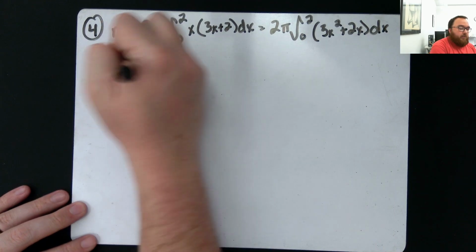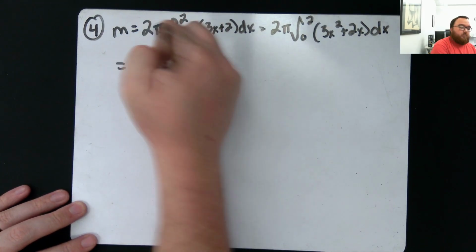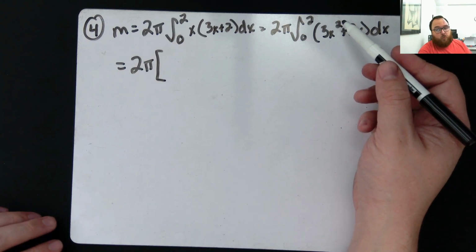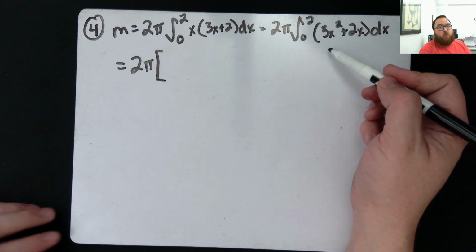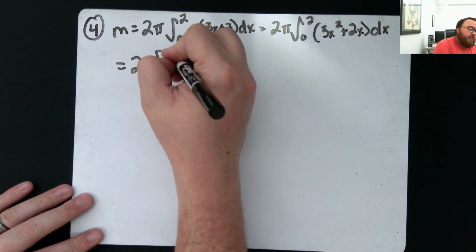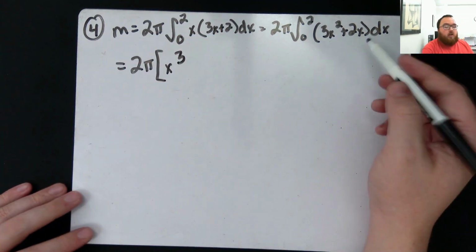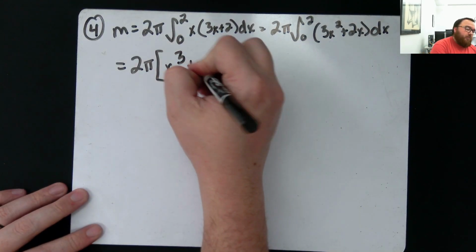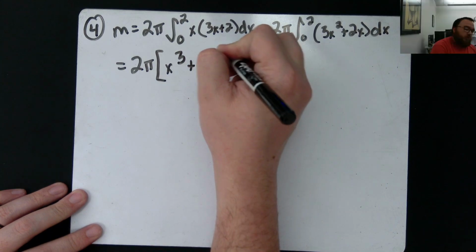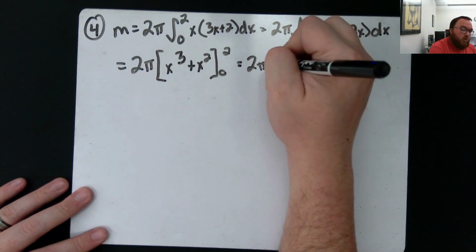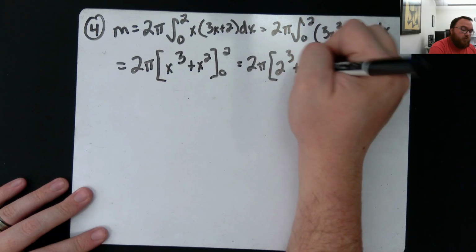Take the antiderivative. We would add 1, which would make it a 3 over 3, but what's nice about that is 3 over 3 is just 1. So this is just x cubed. Antiderivative of 2x is just x squared, from 0 to 2. Start by plugging in 2: 2 to the third plus 2 squared.